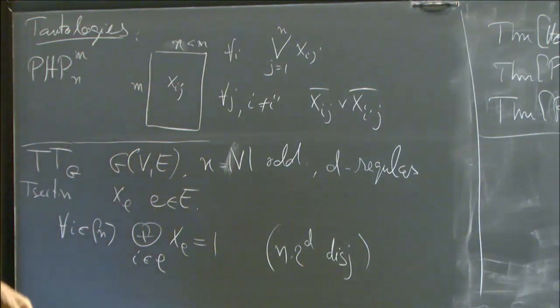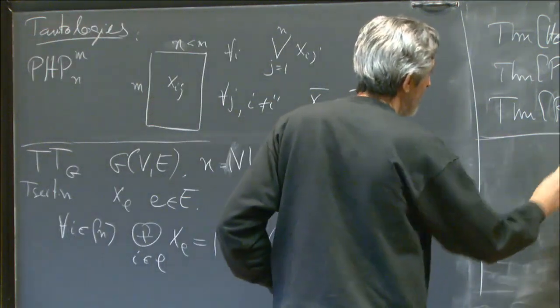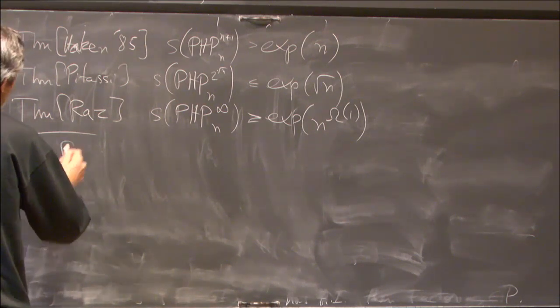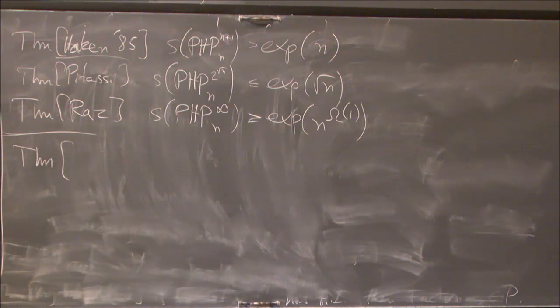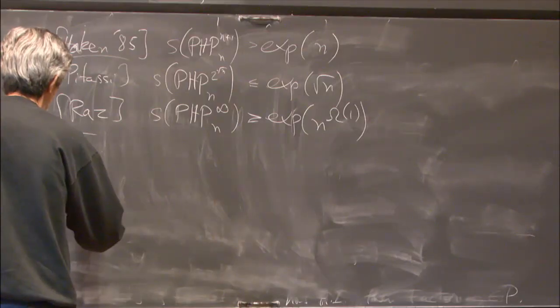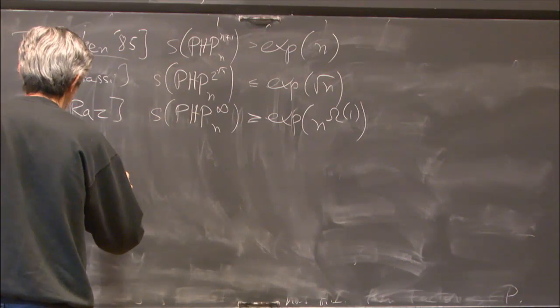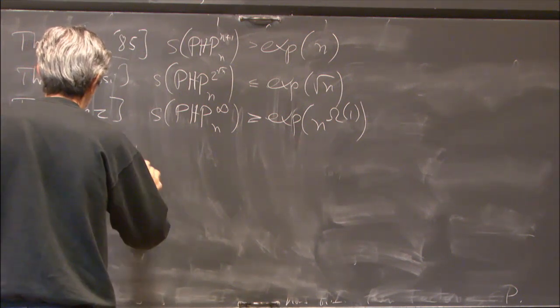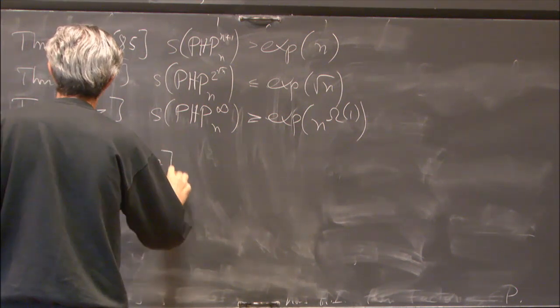And what's the theorem here? After Haken's work, some other lower bounds followed, and one of the first ones was by Urquhart, about 87.